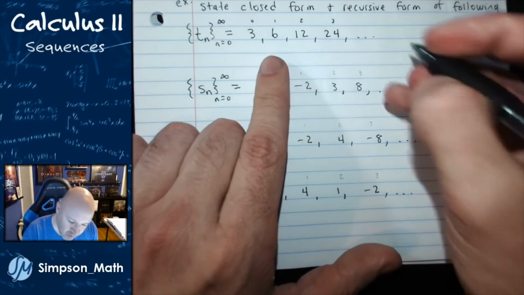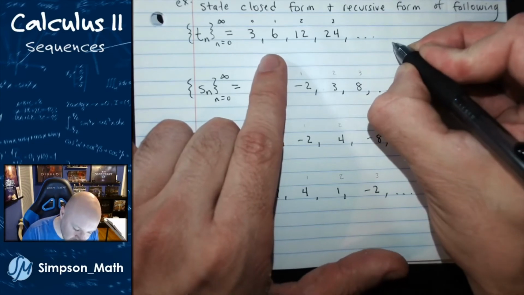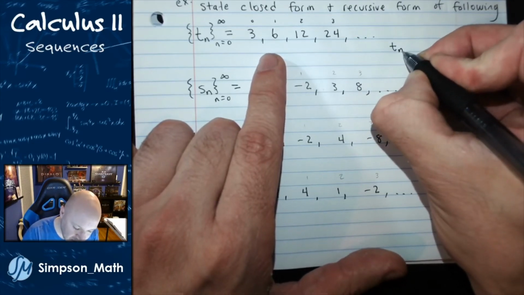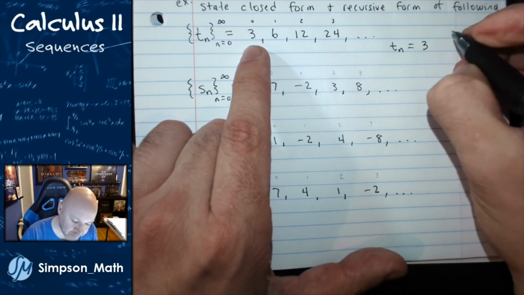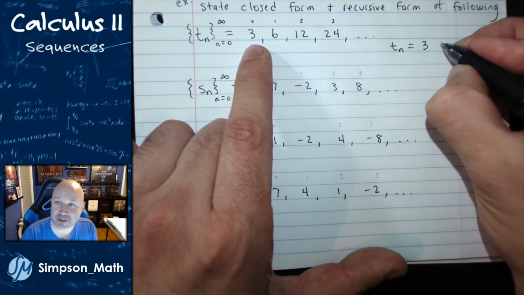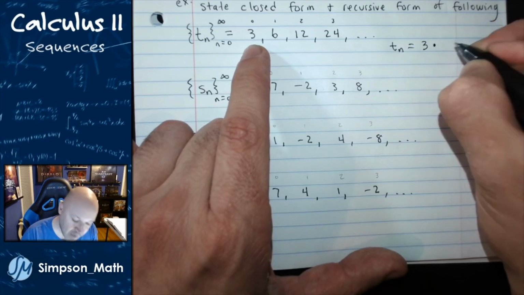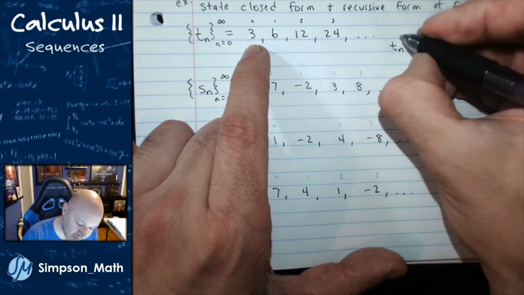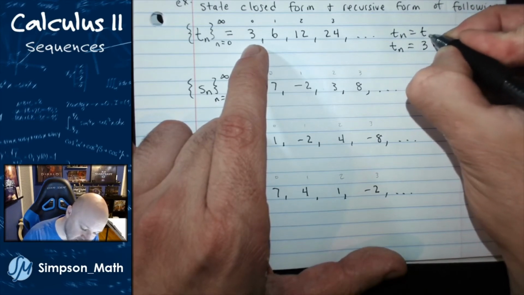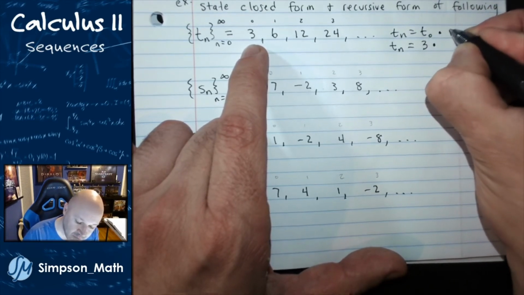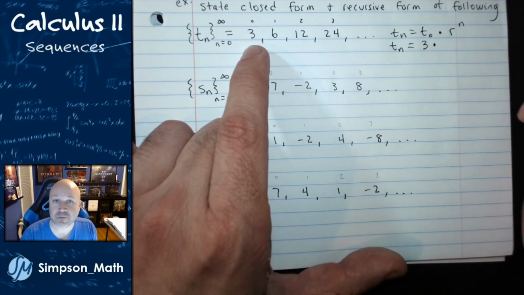Alright, so I claim this is now easy. T sub n is going to be the initial value, 3. And this is geometric, so let me write that down first. T sub n will be T sub naught times the common ratio to the nth power.